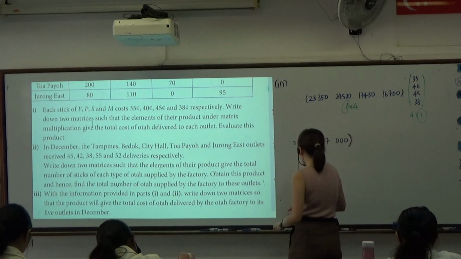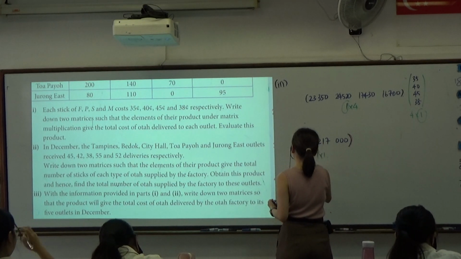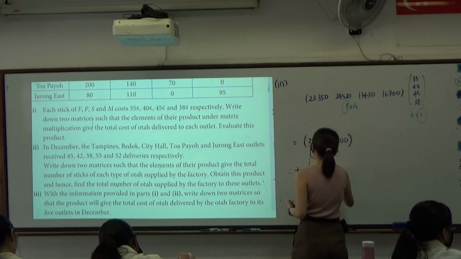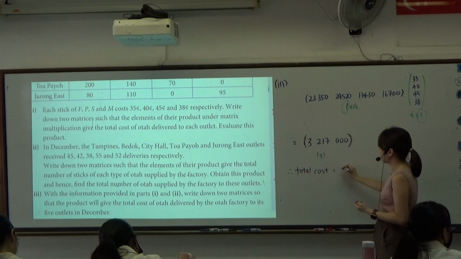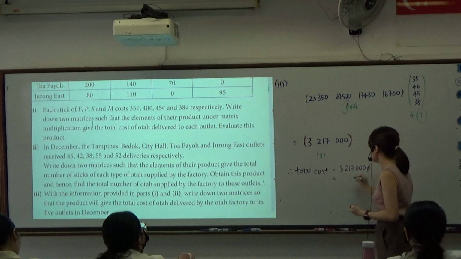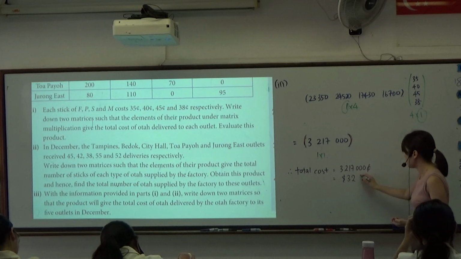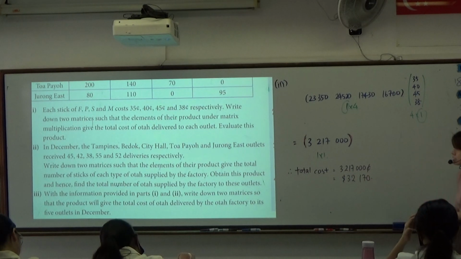And then we conclude that the total cost, this is in cents by the way, so we need to divide by 100, and that will give us 32,170 dollars.